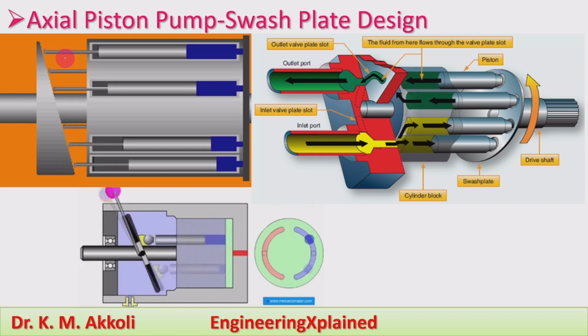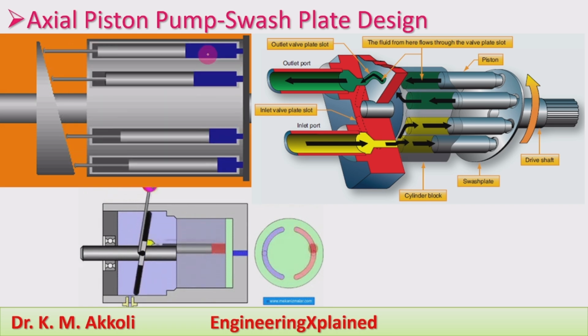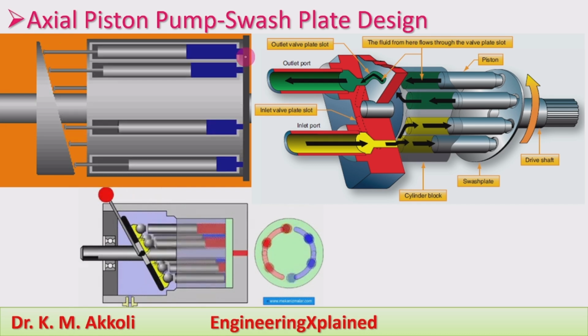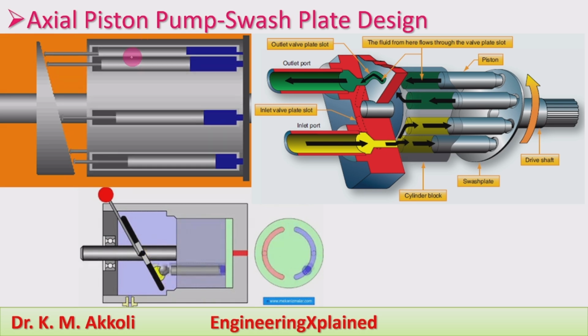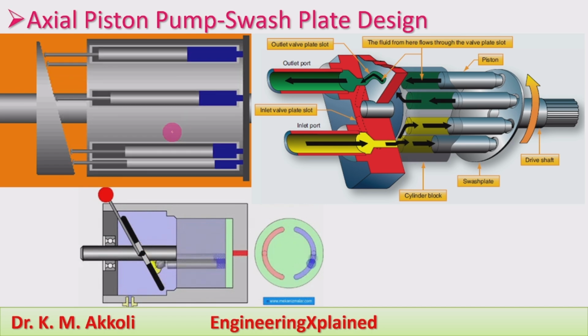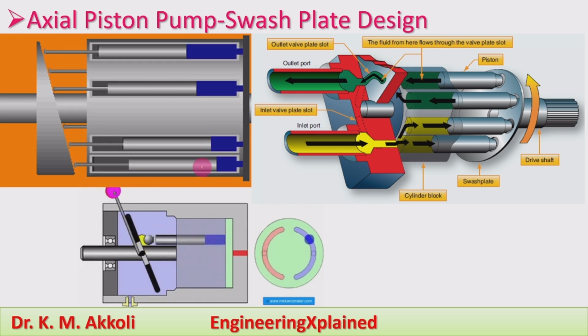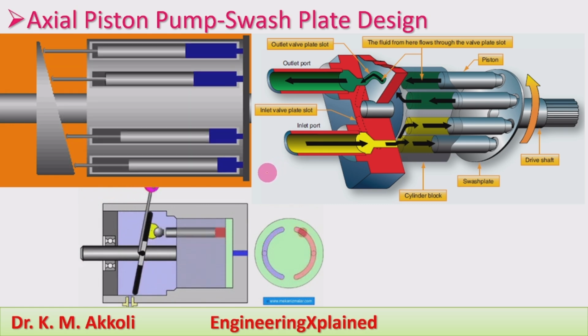At the top portion, the piston inside the cylinder will be extended, and thereby suction will take place inside the cylinder. Gradually, as it moves downwards, retraction starts, and at the bottom position it is completely retracted, and the fluid is discharged through the delivery valve.